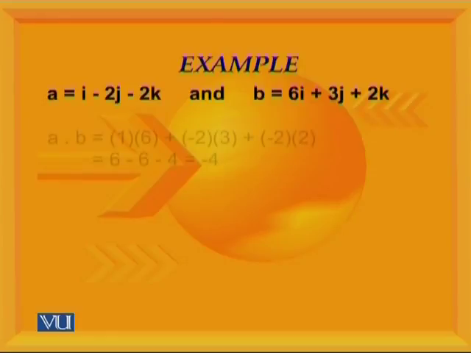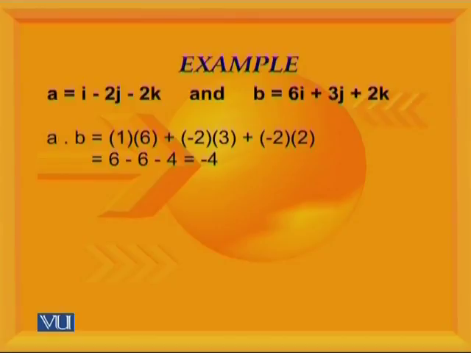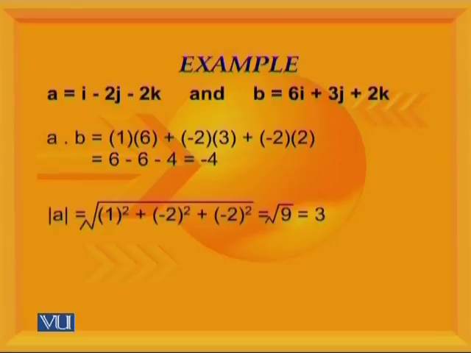So here A dot B is equal to 1 into 6 plus minus 2 into 3 plus minus 2 into 2, which is equal to 6 minus 6 minus 4, which is minus 4. Also we are going to find the magnitude of A. Magnitude of A, as I have told you, for a vector whose position vector is xi plus yj plus zk, is given by square root of x square plus y square plus z square.